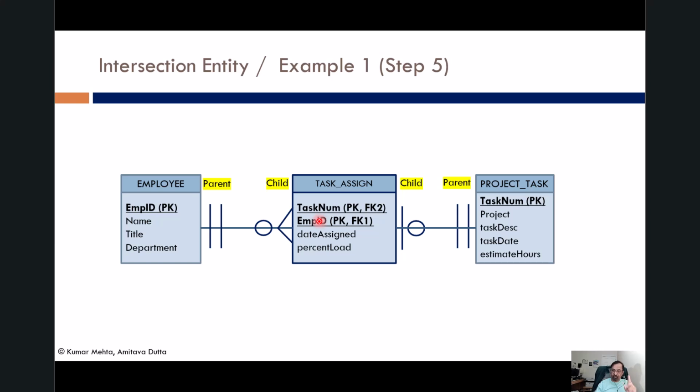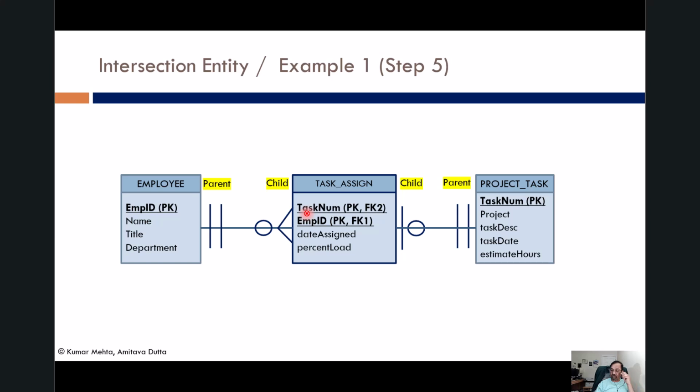Okay, so it's very important to remember that when I look at these 2 attributes, each of them separately is a foreign key. I have 2 foreign keys. Why? Because I have 2 relationships. A foreign key connects records in associated entities. So employee ID allows me to associate instances of this intersection entity to instances of employee.